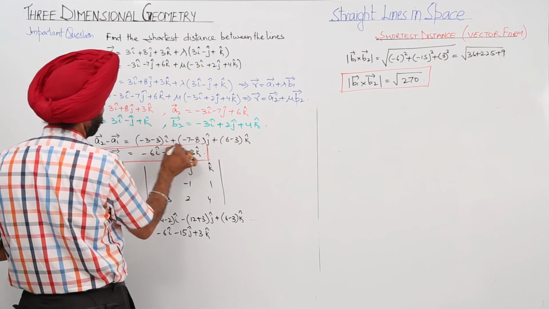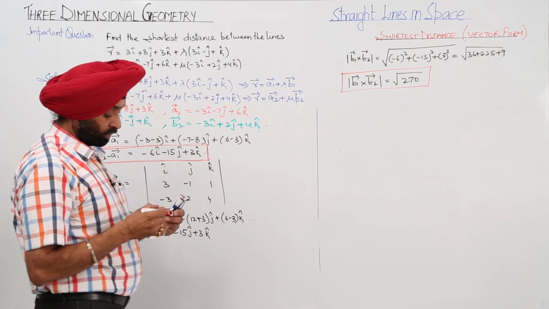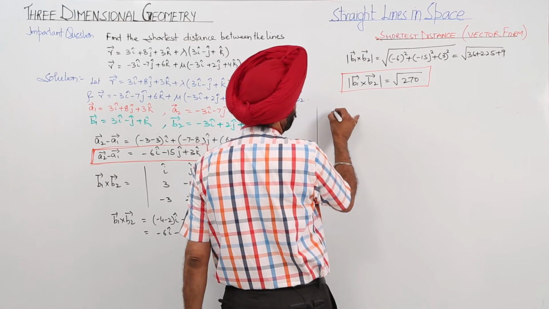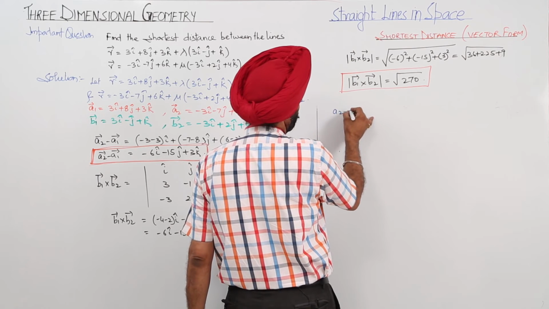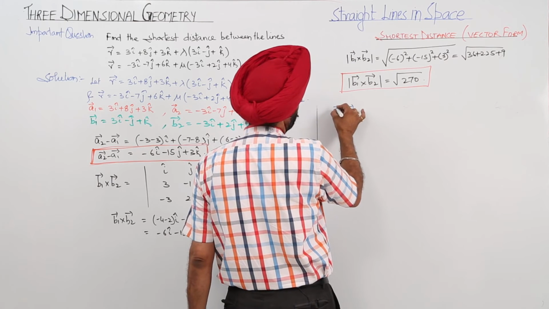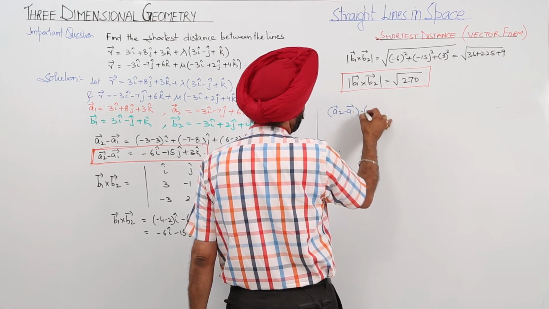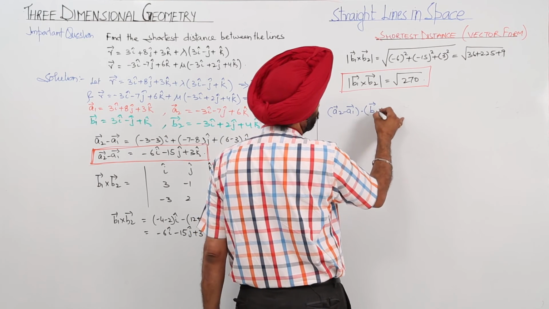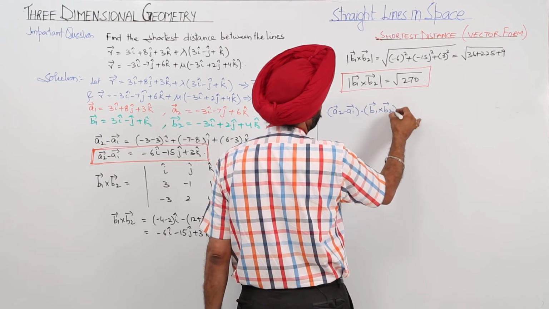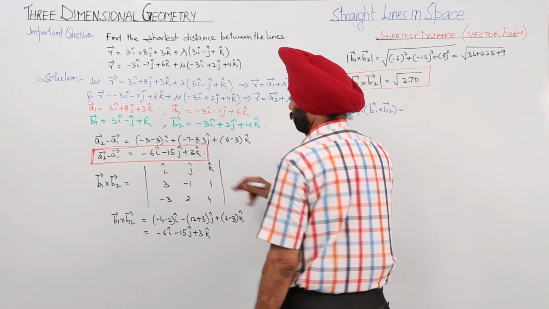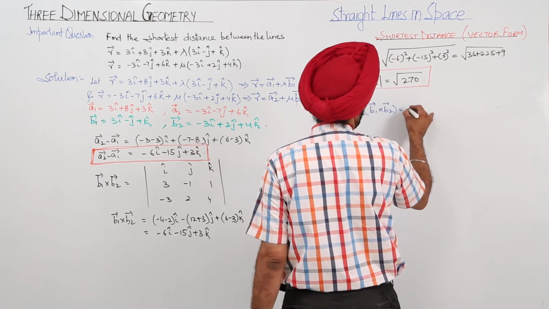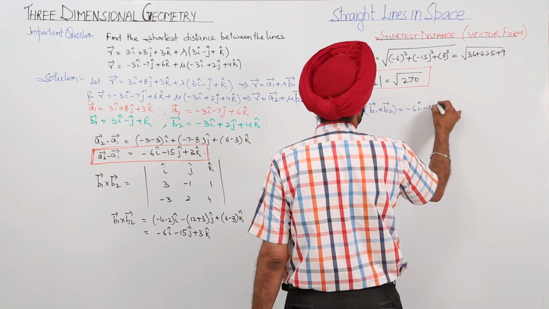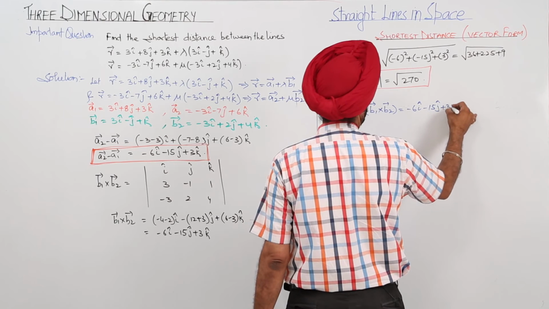Okay. Now last thing what we have to find is, according to the formula, a2 minus a1 in the vector form, dot the cross product of vector b1 and vector b2. Now a2 minus a1 is minus 6 i cap minus 15 j cap plus 3 k cap.